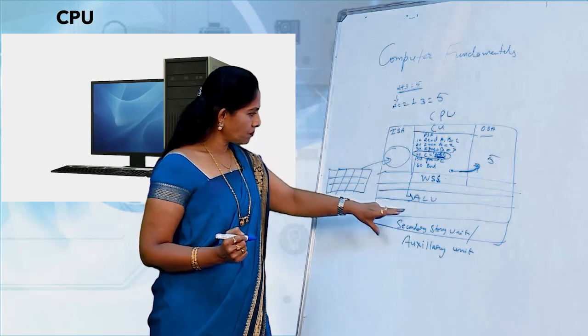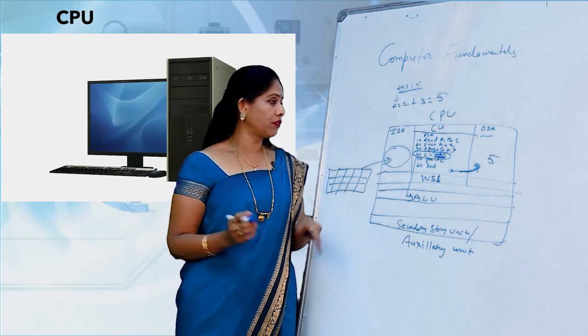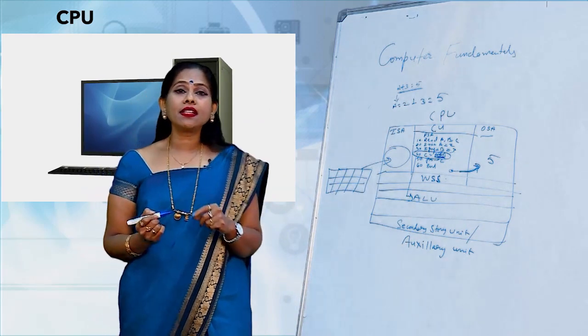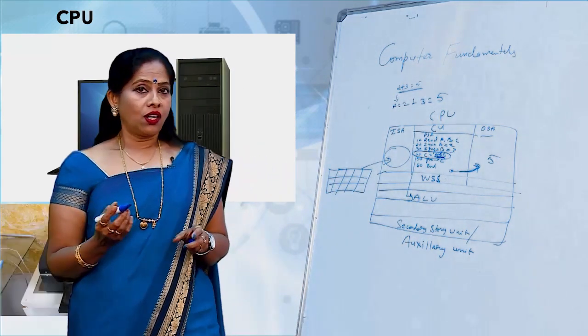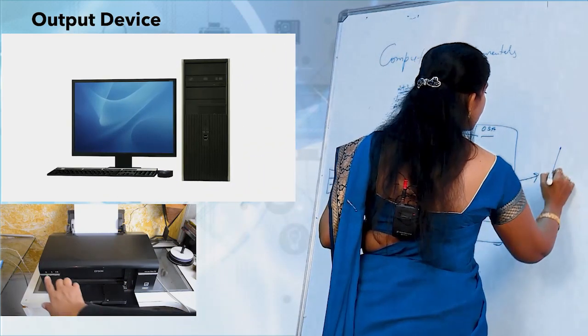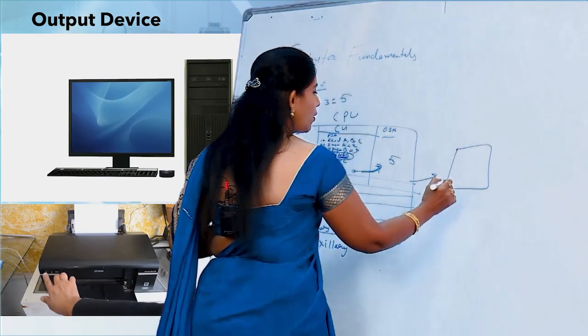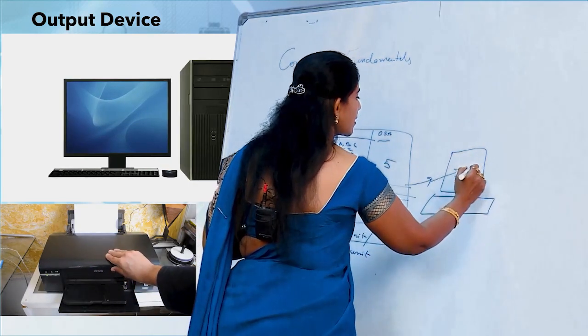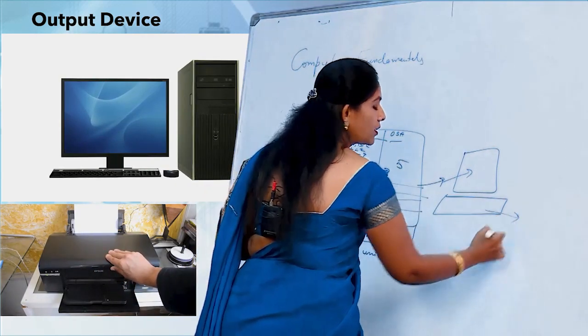Now, you know how inside the CPU it works. When it comes to the output storage area, you can see the result in the monitor or you can take the printout. This is the monitor or a printer is also kept here. So, you can see the result in the monitor or you can print the document.